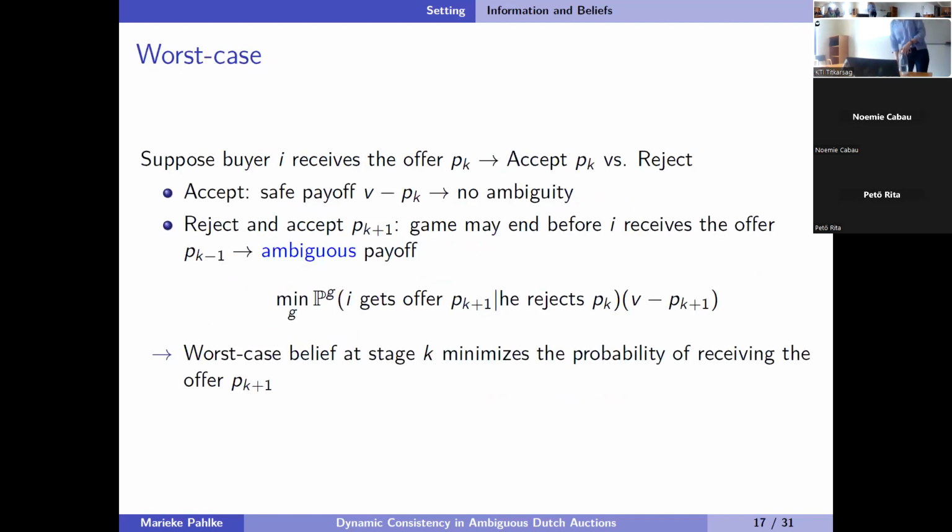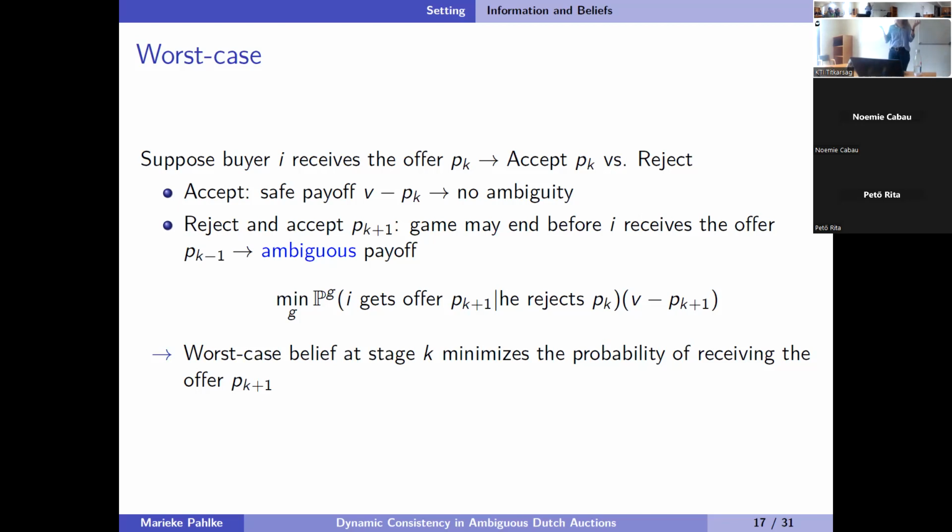So what is now the worst case? Suppose I get the offer PK. Then my decision to accept or reject depends on the payoff I get from rejecting and accepting. If I accept the offer, then I get my valuation minus the current price. If I reject, perhaps I get the next lower offer, and then I can accept the next offer, which is PK+1.